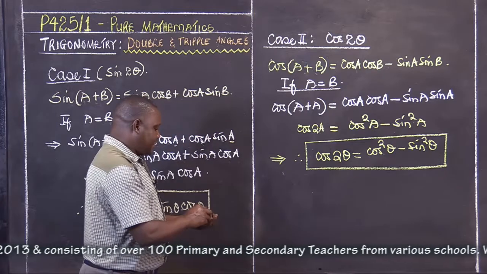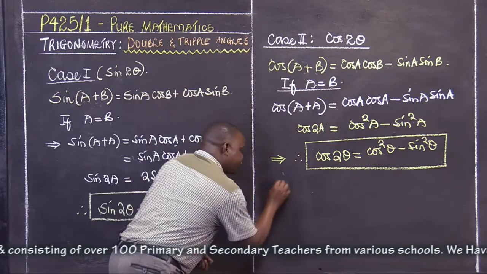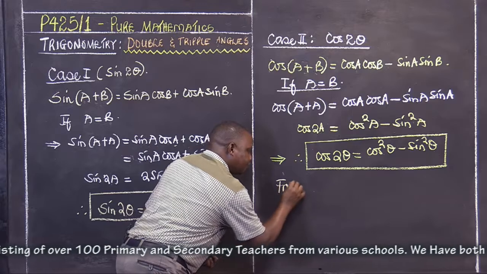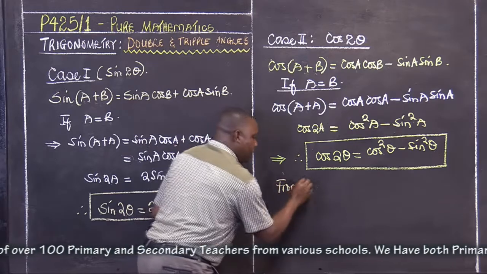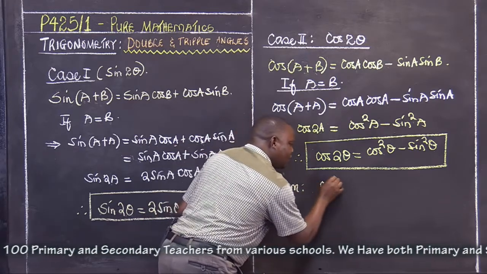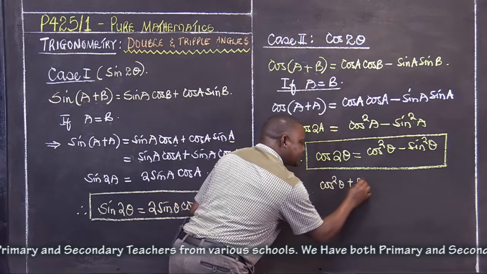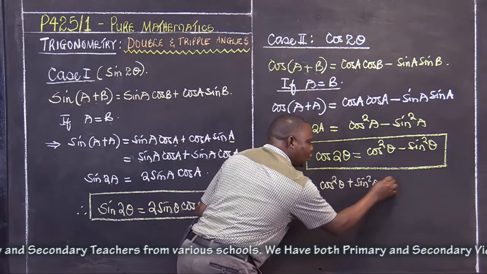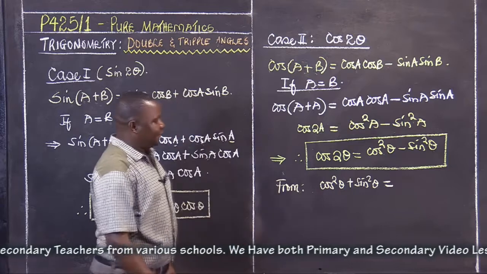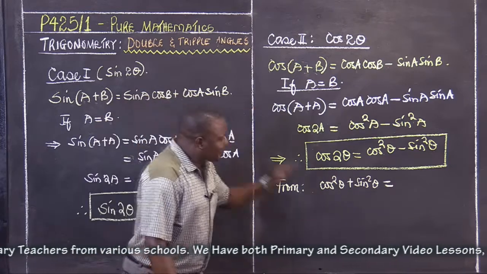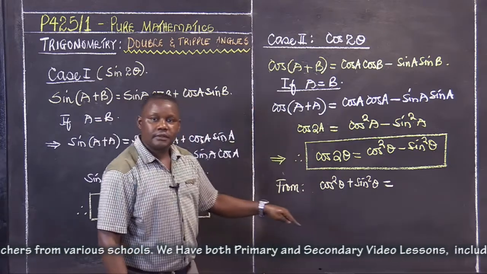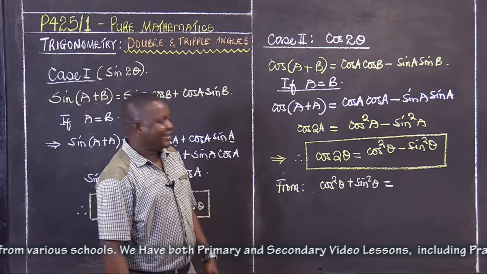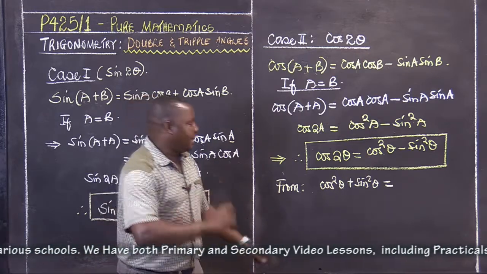How? We come and say, from cos squared theta plus sine squared theta equals what? Who remembers that one? Equals 1.